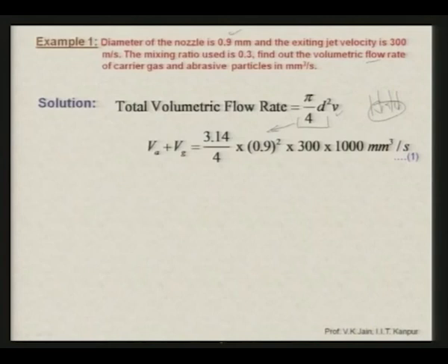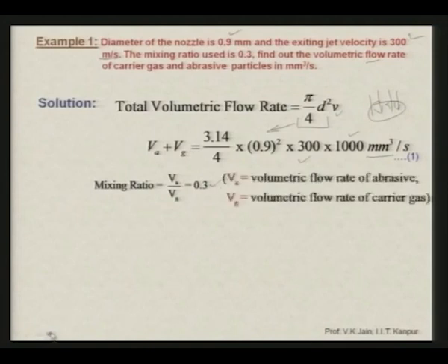So, this can be written like this: 3.14 divided by 4, 0.9 is the nozzle diameter squared, and 300 is the flow velocity. The velocity is given in meter per second, so you can convert it to millimeter per second by multiplying by 1000. Mixing ratio we all know already, it is given by V A over V G, and that value is given as 0.3.